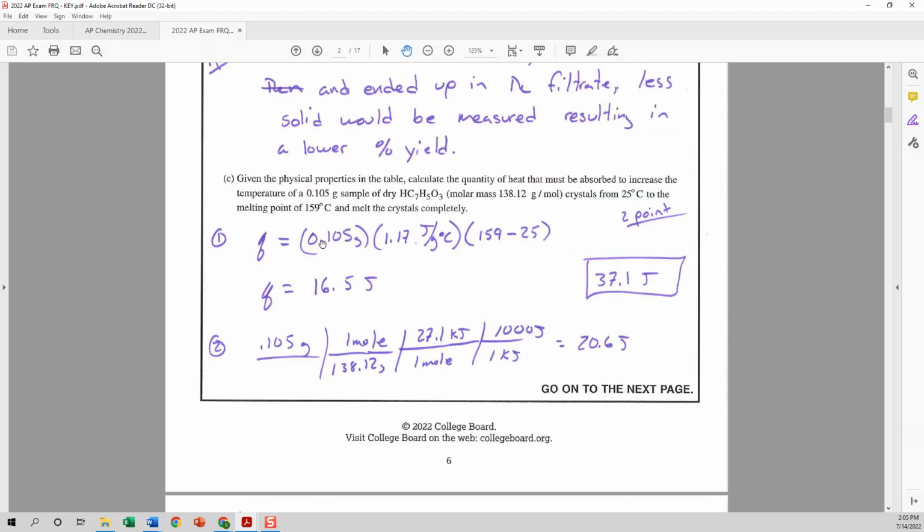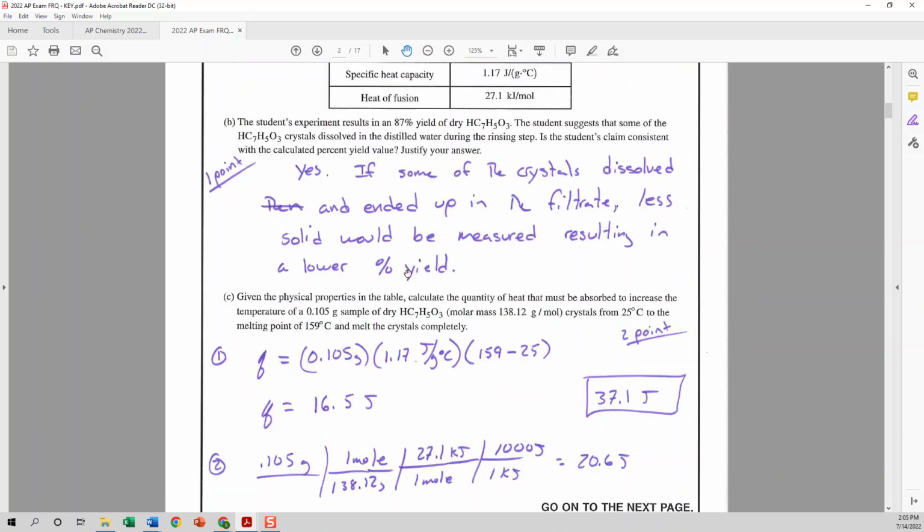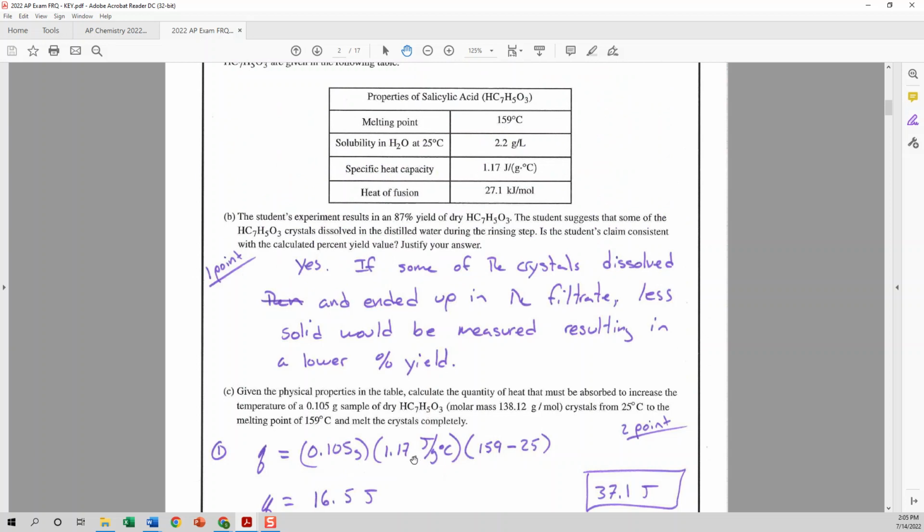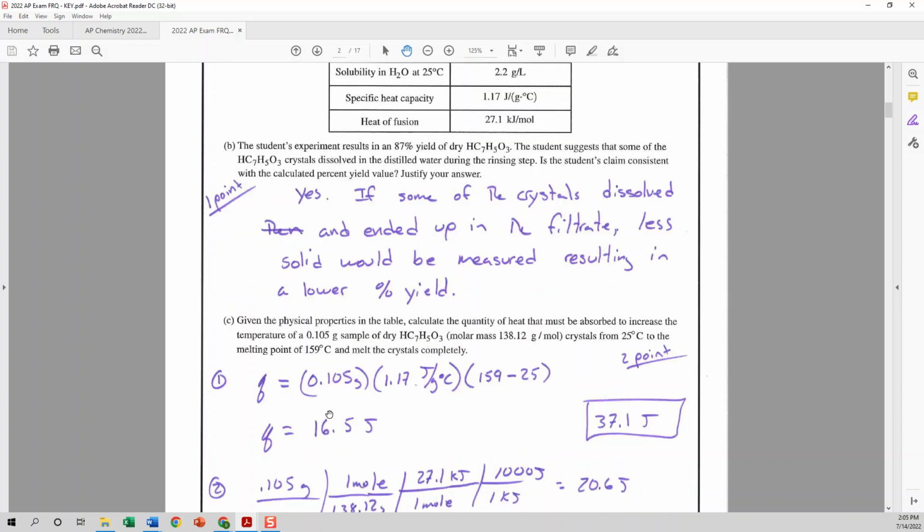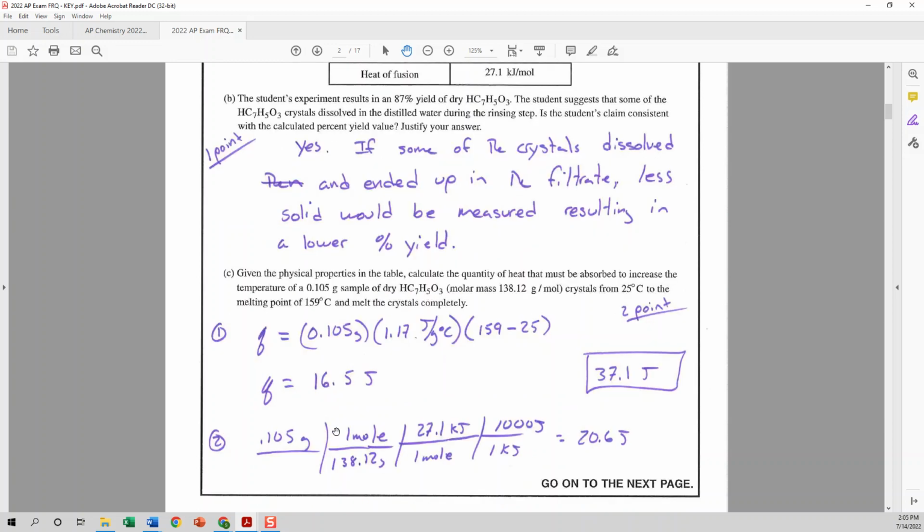So the first one would be Q equals MCAT. We had our mass, they gave us our specific heat capacity, and our temperature change, or delta T, would be 159 minus 25. This is how much energy is required to heat it up to the melting point. And then we have to use the molar heat of fusion.